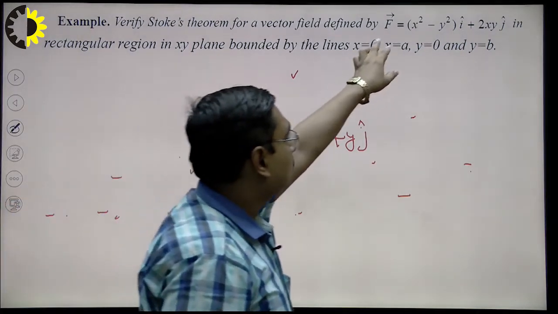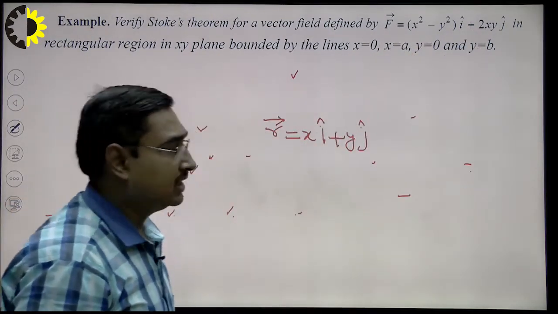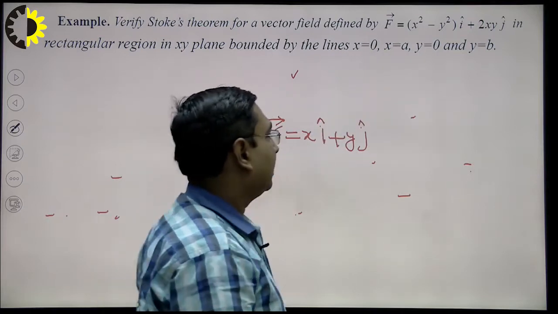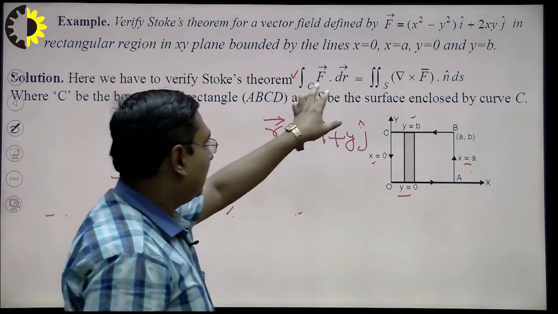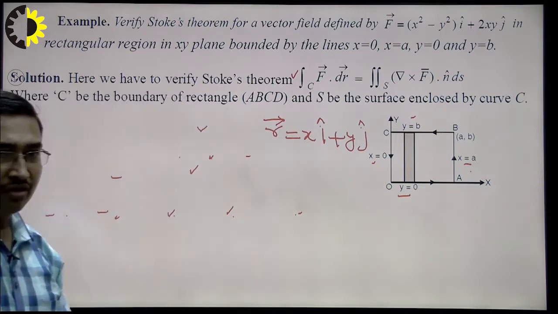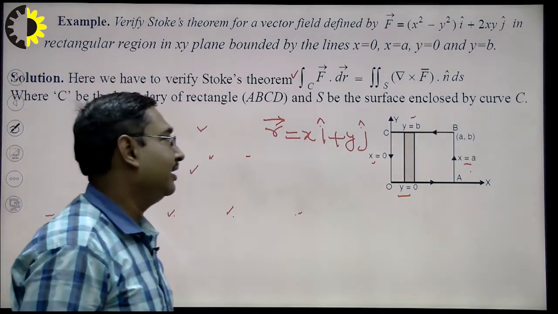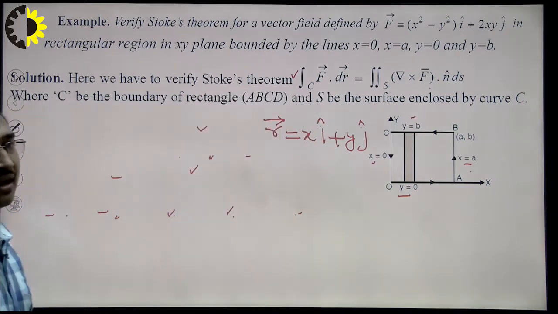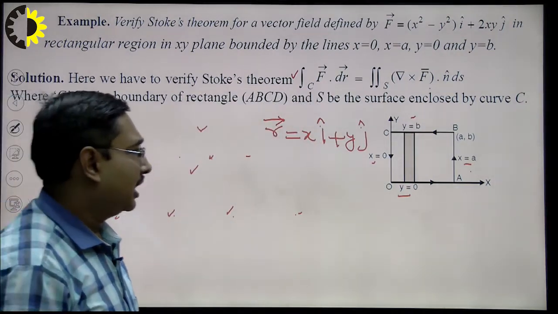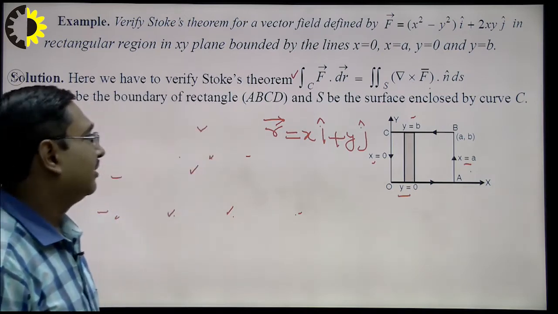We were supposed to verify Stokes theorem for this function over the given rectangle. First of all, I need to calculate this integral over C of f dot dr by the usual process of line integral. Then I need to calculate this surface integral. If the values of these two are equal, then the theorem will be verified.